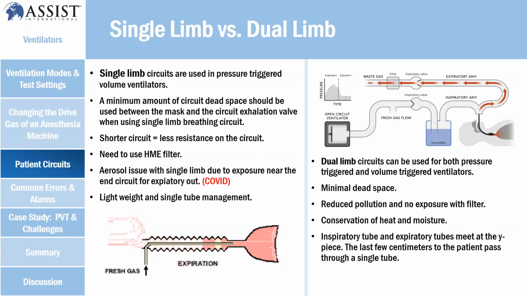So it's more controlled actually. And you can use convection heat and moisture. At the end of the day, the expiratory tube meets at the Y connection, and a few centimeters past it goes to the patient as a single tube. So it comes back as a single tube, but when they meet at the Y tube, the inspiratory and expiratory circuits are linked together.